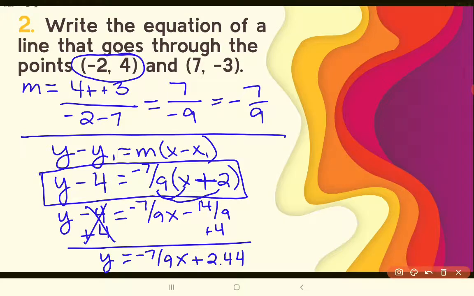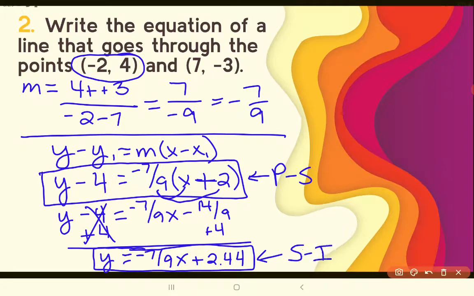Some of you, your calculator will give you that as a fraction. You can also get a fraction in Desmos. But either way, there is my equation. So this one right here is point-slope form. This one is slope-intercept form. They represent the same line, but they look very different. So that is our example of how to deal with point-slope form.